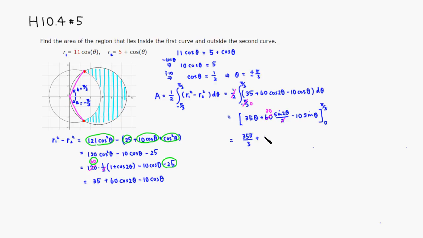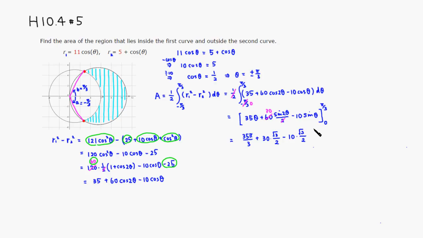So you're going to get 30 times sine of 2 pi over 3, which is square root of 3 over 2, minus 10 times sine of pi over 3, which is again square root of 3 over 2.